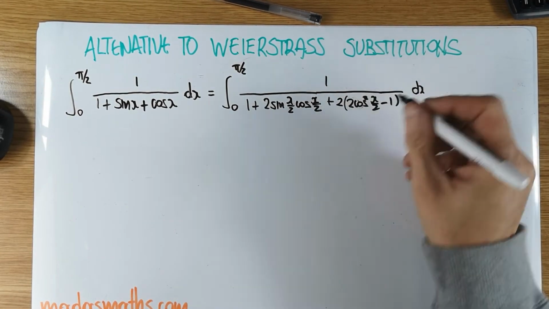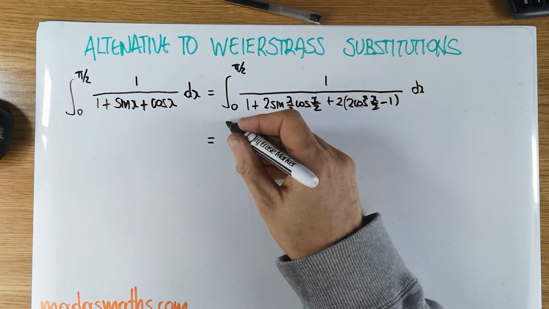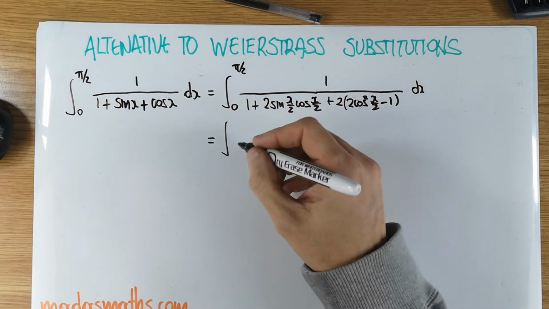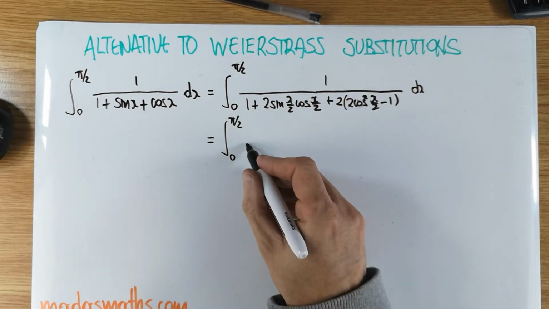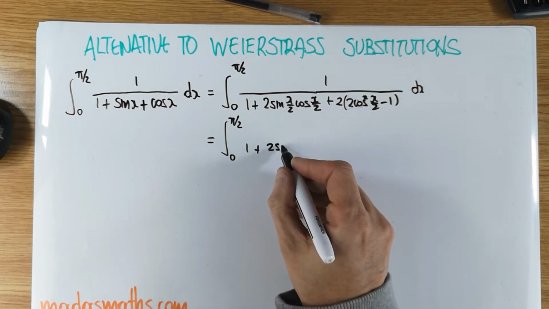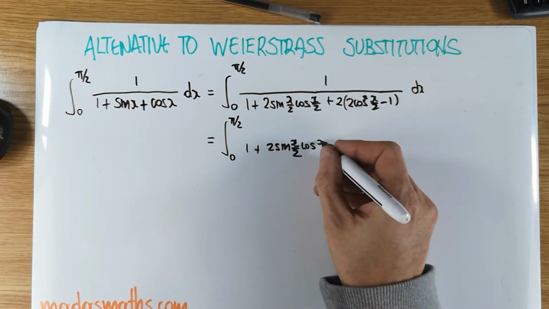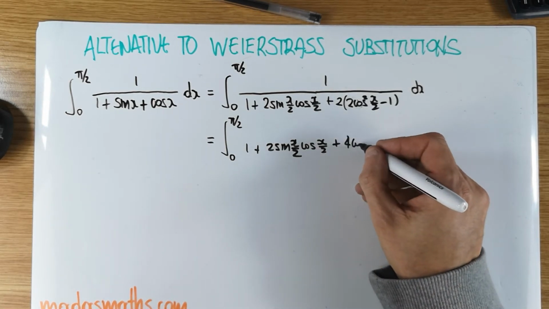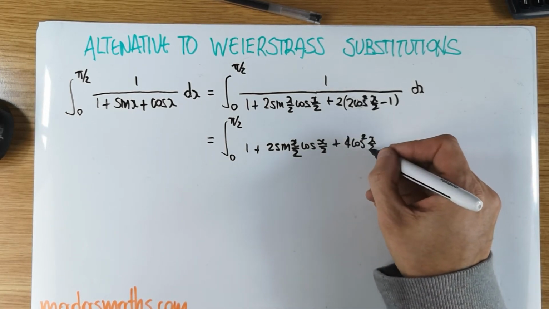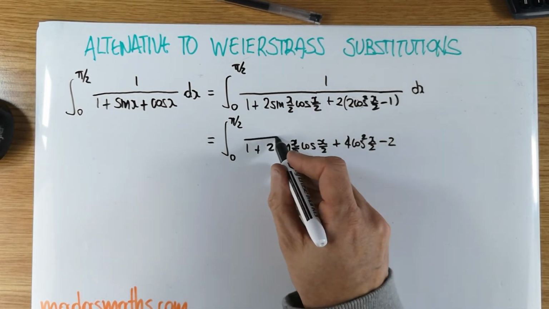Okay, tidy time. This looks very, very messy and it might take a little bit longer than I anticipated. So we have 1 plus 2 sine of x over 2 cos of x over 2, and then we have plus 4 cos squared of x over 2 minus 2, and we have a 1 on the top.